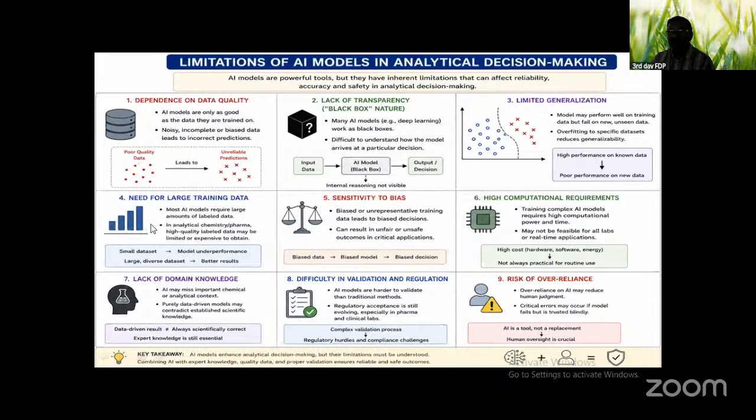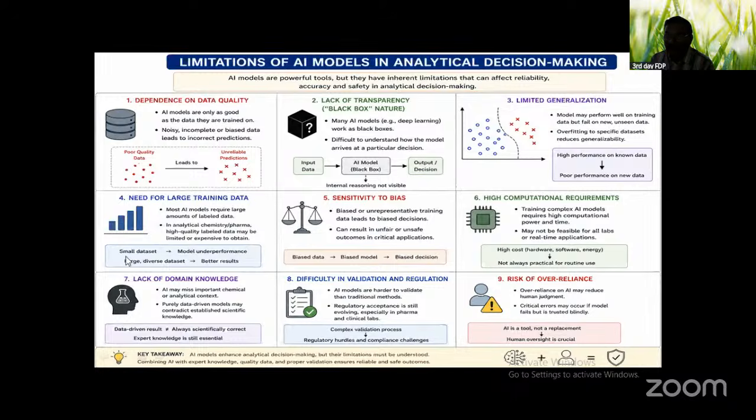Then the fourth limitation is the need for large training data. Most AI models require large amounts of labeled data. In analytical chemistry and pharma, high quality labeled data may be limited or expensive to obtain. In general laboratories, it is difficult to get large training data.